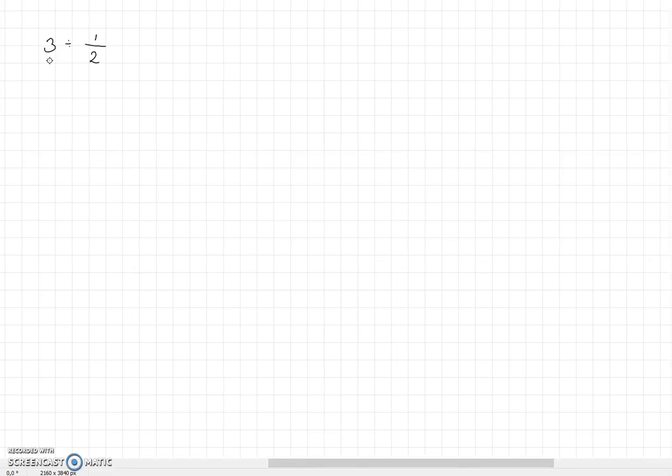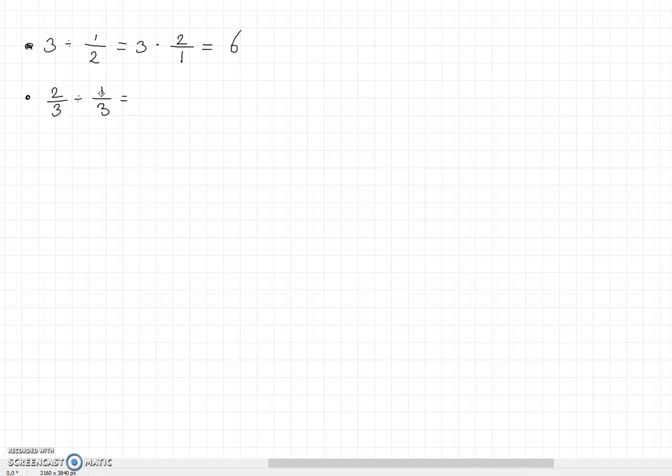Another thing we can do with fractions is divide by them. And there's a rule that says that dividing by a fraction is multiplying with its reciprocal. So in this case, 3 divided by 1/2 is the same as 3 multiplied by 2/1. Well, 2/1 is just 2, so 3 times 2/1 is the same as 6.